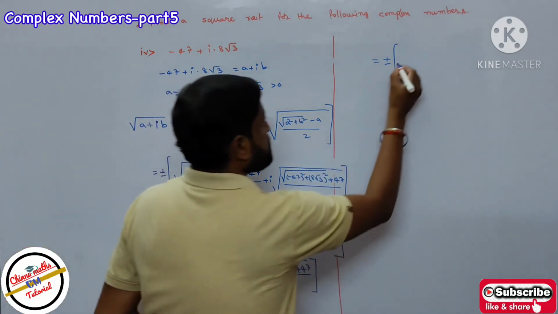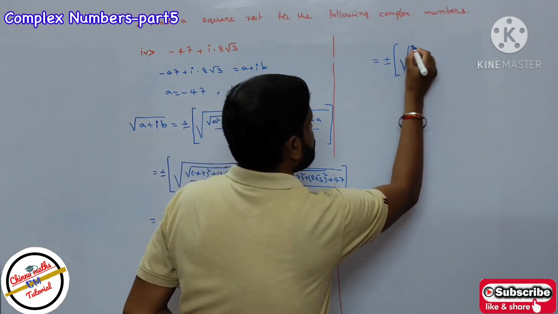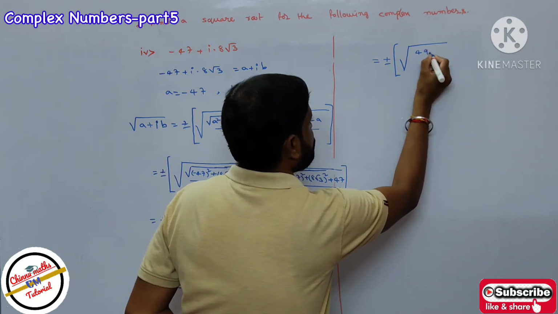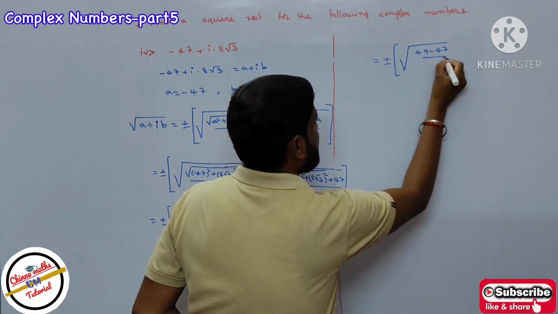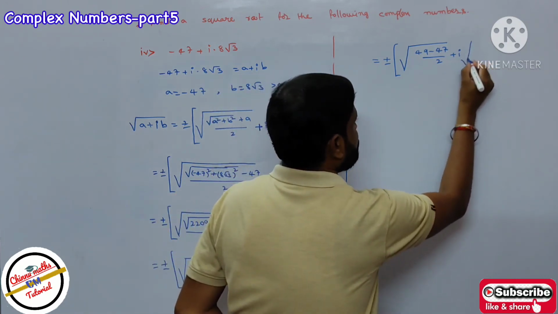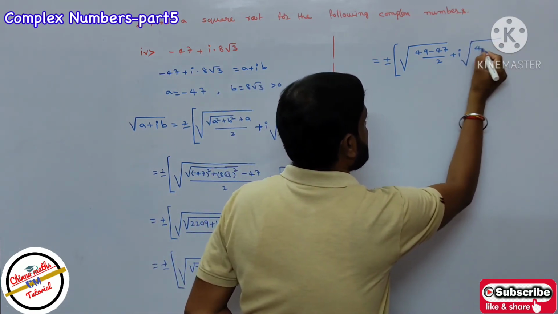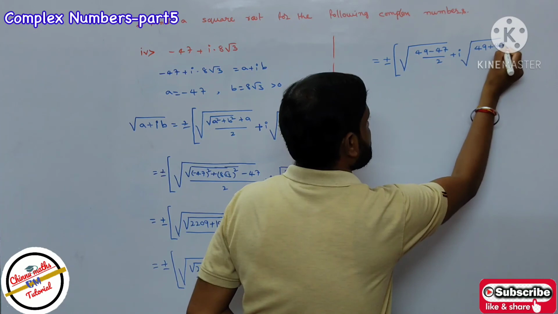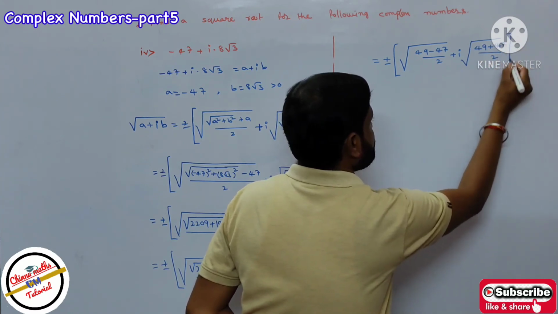So it can be written as plus or minus, what is the square root of 2401? It equals 49. So the square root of 49 minus 47 by 2, plus i into the square root of 49 plus 47 by 2.